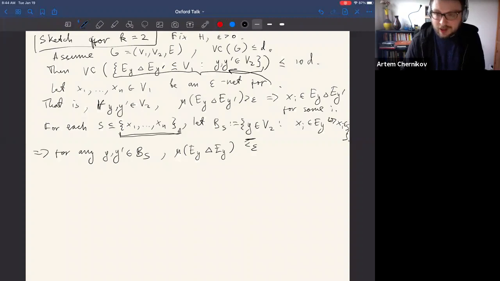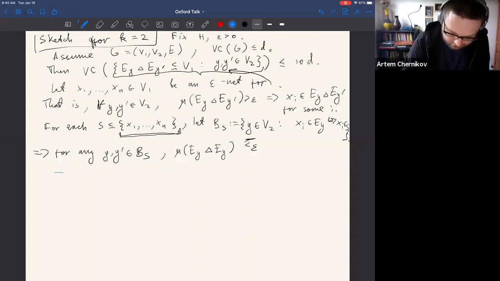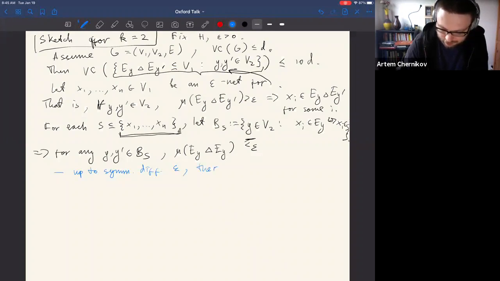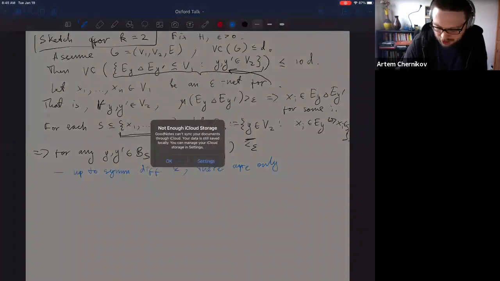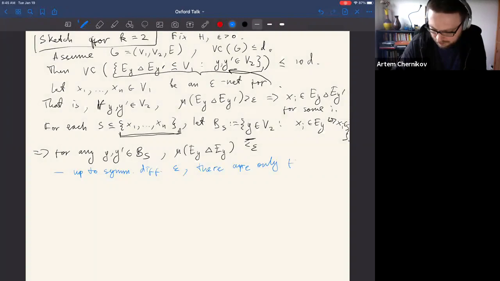In other words, up to symmetric difference of measure epsilon, there are only finitely many fibers of E. This is a fundamental fact about families of finite VC dimension.